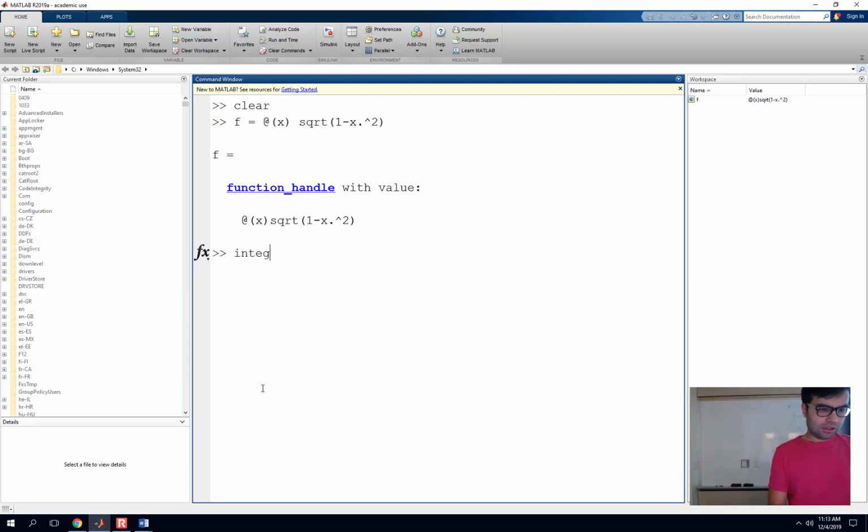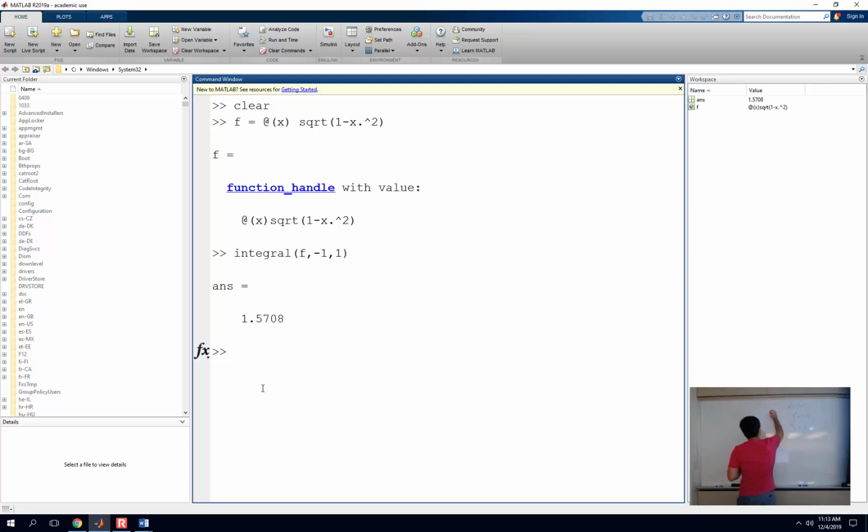Integral of f between -1 and 1 is 1.57. So that's 1.57. So the upper side is 1.57. Let's do the lower side.